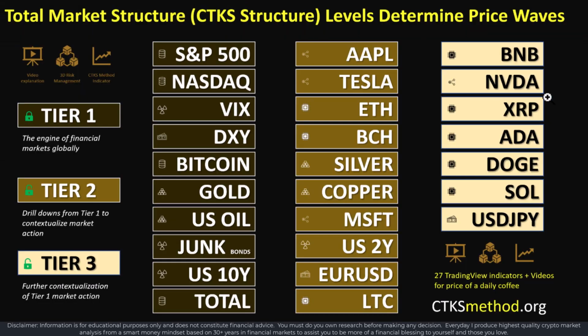With XRP, and that's a tier 3 chart as part of the monthly service, it's vitally important to understand the tier 1 structure, the tier 2 and tier 3 CTKS structure. If you don't understand the structures, you literally are guessing inside financial markets.